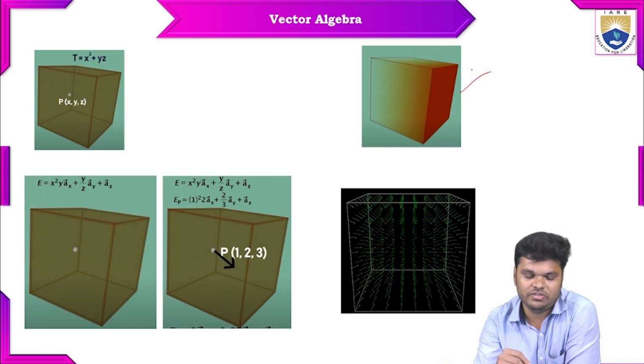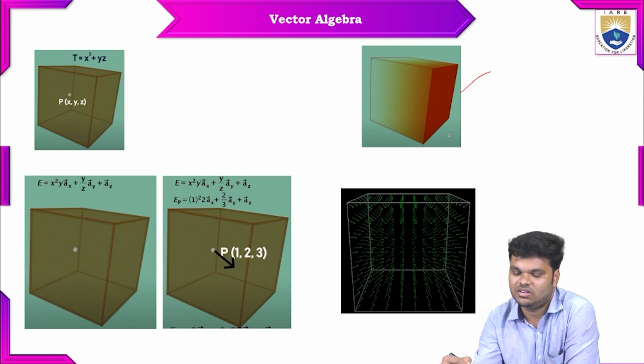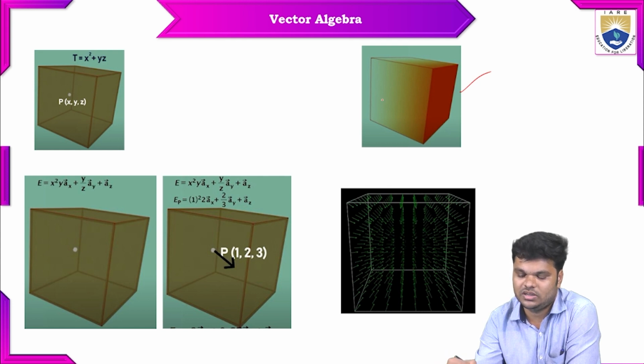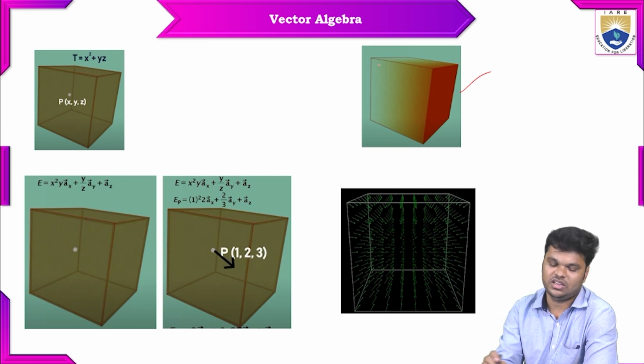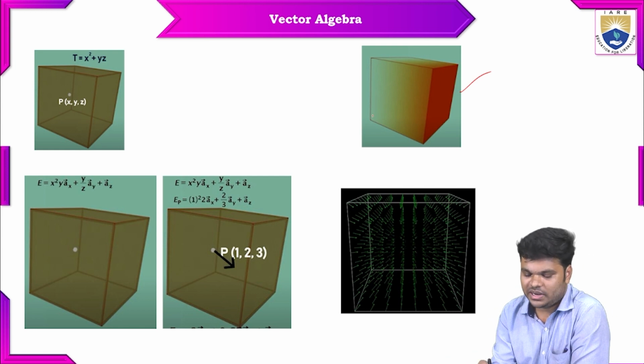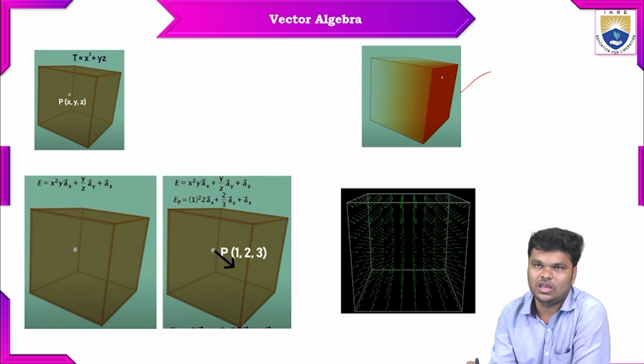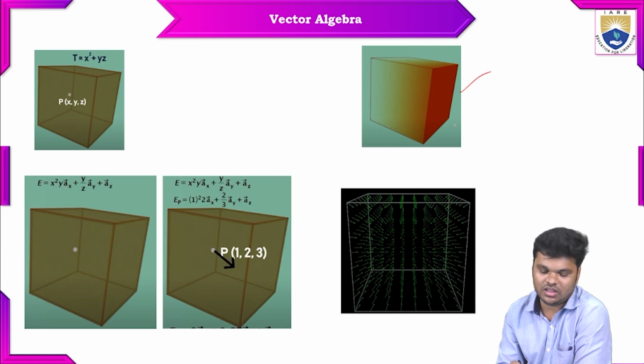Because at high values of x, y, and z, the temperature value is high, that's why it is represented with thick color. And this part is not represented in thick color, so the temperature at this place is much lower compared to the temperature at this place. This temperature distribution is an example of scalar field.